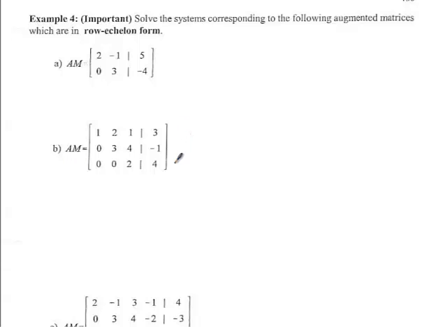For matrix B, the last row would give us 2z, because the 2 is in the third column, and we haven't passed the equal bar. Being in the third row on the left side of the bar means that this is a coefficient, and being in the third column means that we are dealing with the variable z.